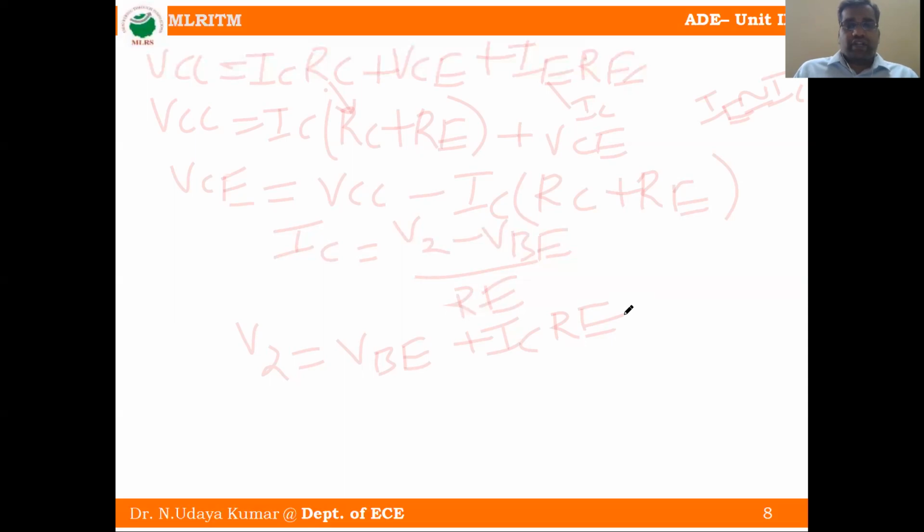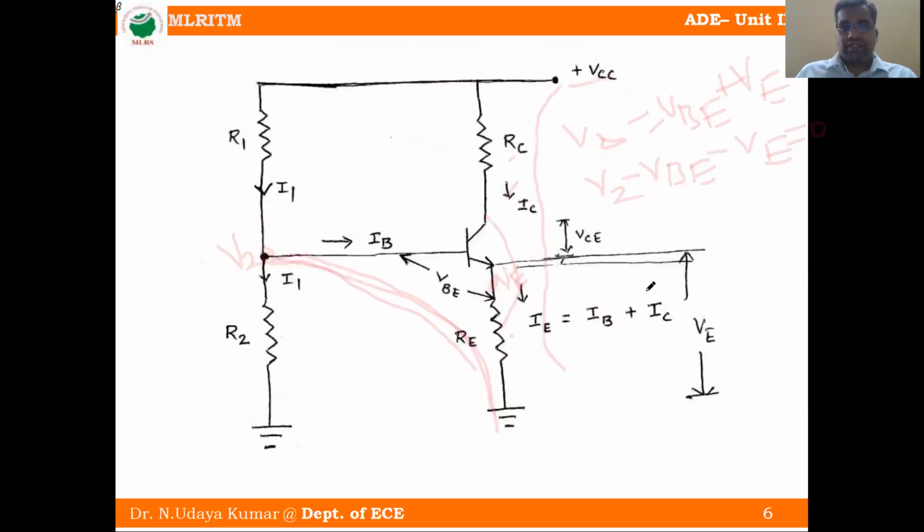So here we have one analogy. Whenever the collector current IC increases, the voltage drop across the emitter resistance increases. If it increases, the base current decreases. If it decreases, the IC value comes back to its original value. That is the analogy here.